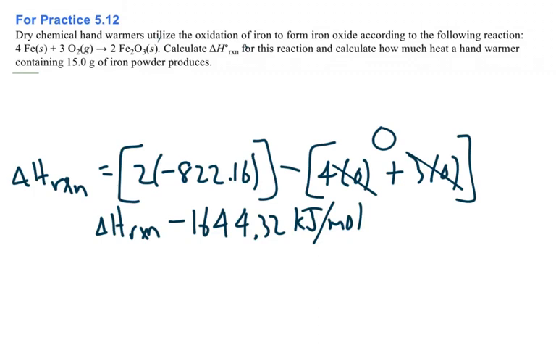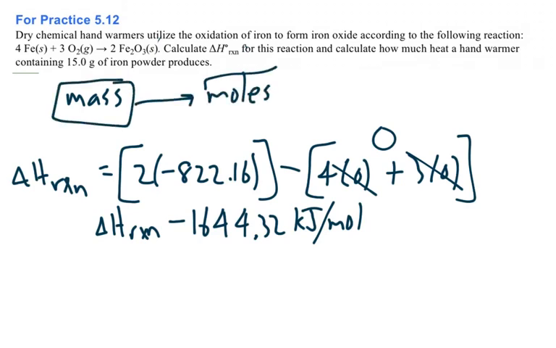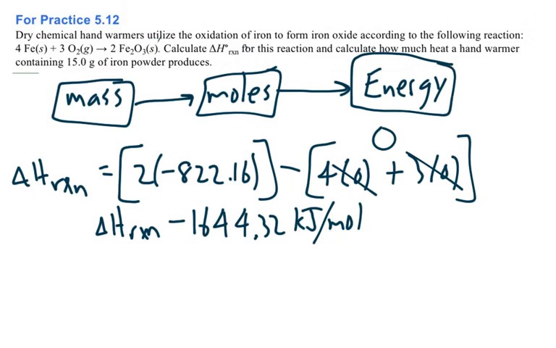What we're going to do is convert, and here are the steps, the mass of iron into moles of iron, and then we're going to use the conversion factor from the equation to find the energy released by the iron. So, first things first, we need to convert the mass of iron into moles. So we're going to have to divide by the molar mass of Fe.